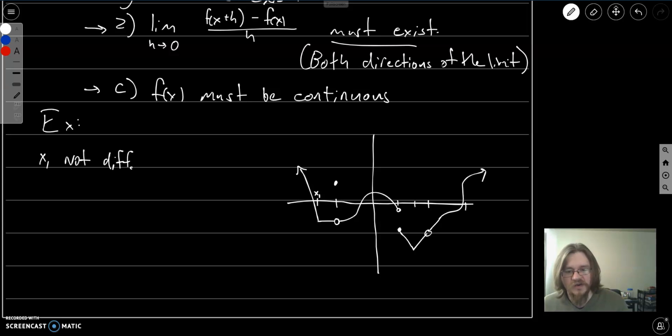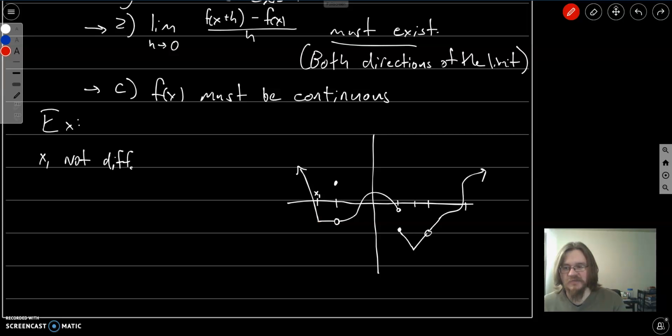And why? Well, as we look at the slope coming down from the left-hand side, our slope is negative, right? We're coming down the line. But our slope from the right-hand side is exactly equal to 0. It looks like it's just a flat line.